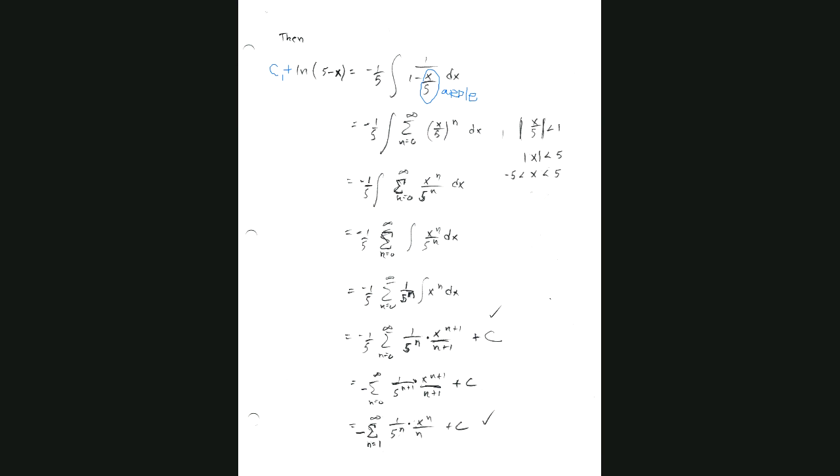And so now I just apply the apple formula right here. And we make note that the interval of convergence is going to be from negative 5 to 5.